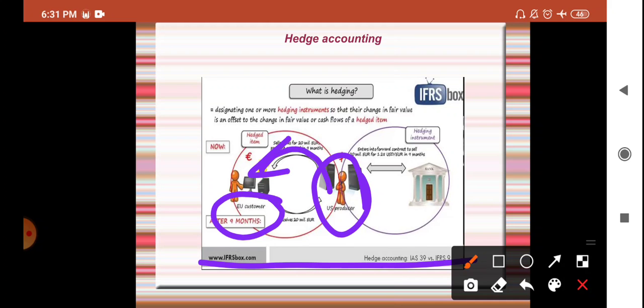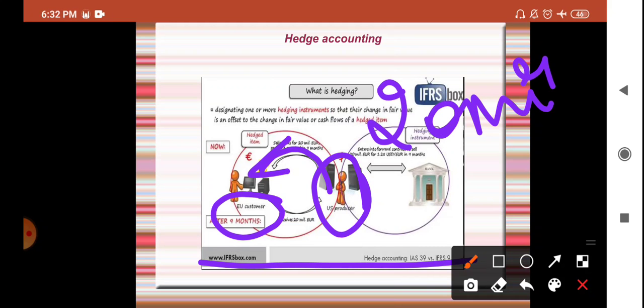Here the European customer and the US producer enter into one contract that after 9 months the European customer will pay 20 million European currency to the US producer.